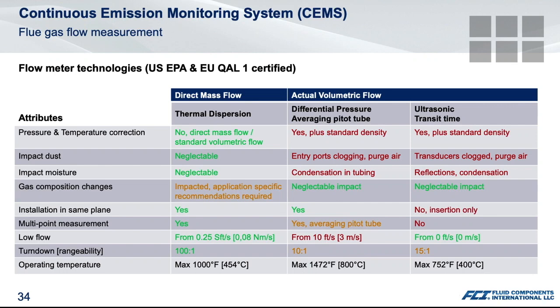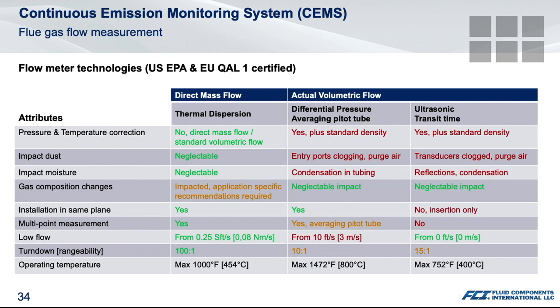Installation in the same plane, as we have indicated onto the platforms which are available, is possible for thermal dispersion and pitot tubes, but for ultrasonic transit time you would be required to have different platforms at different heights, as it is required to be installed at an angle.